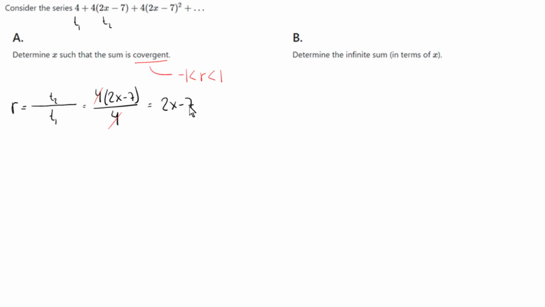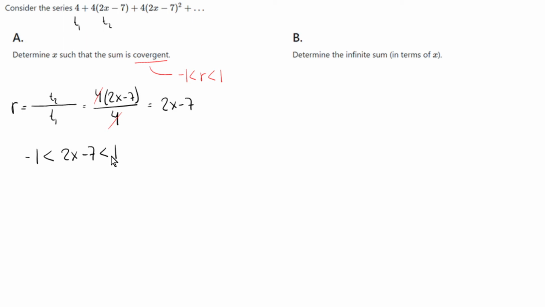So in order for the series to be convergent, r has to be between -1 and 1. So we can write this as, the common ratio r has to be greater than -1 and less than +1. And now we just have to solve this.